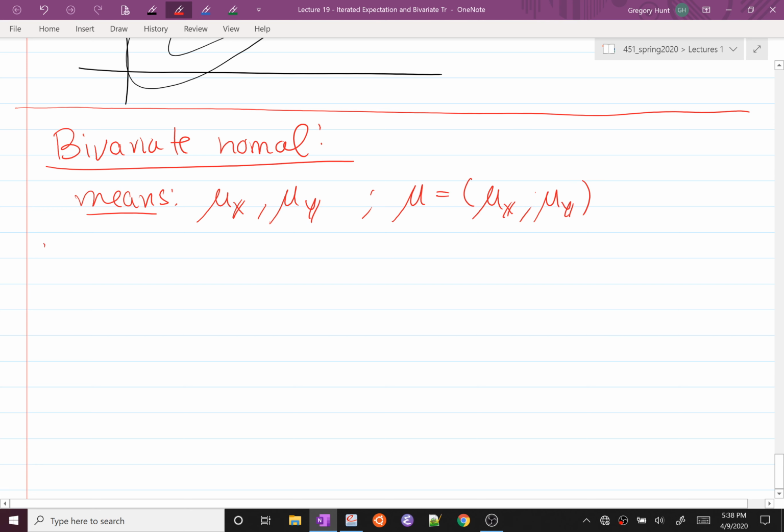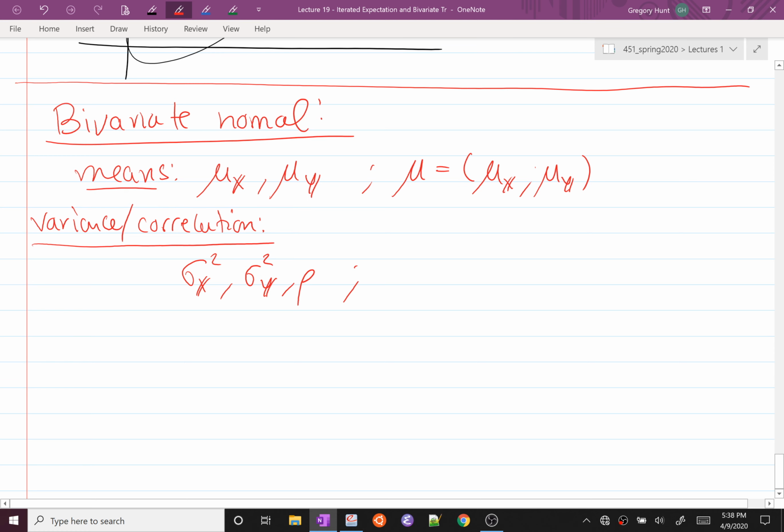And it has the variance slash correlation information. How are x and y related to each other? That is sigma squared x, sigma squared y, and rho, which is the correlation between them.